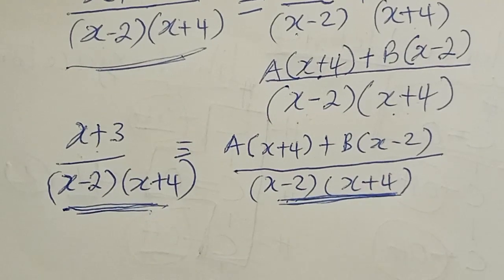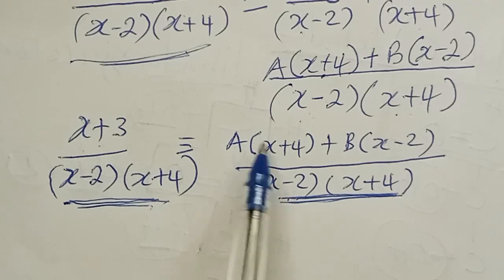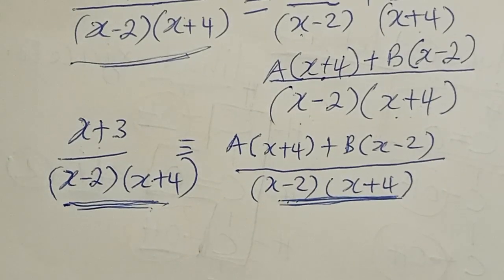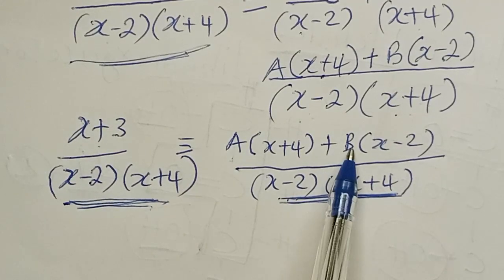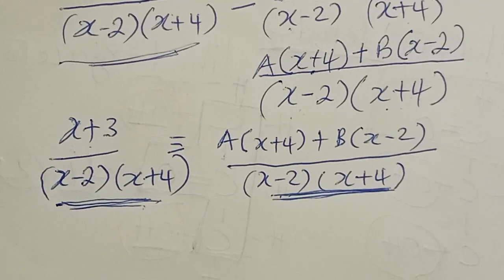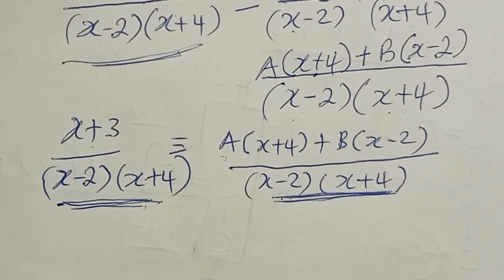In other words, x + 3 must be equal to A into (x + 4) plus B into (x − 2). Since we are looking for the values of A and B, the constants which we don't know, we must look for a way to get the value of A and the value of B.